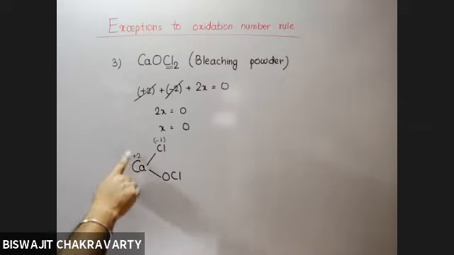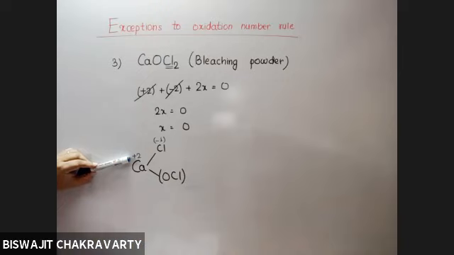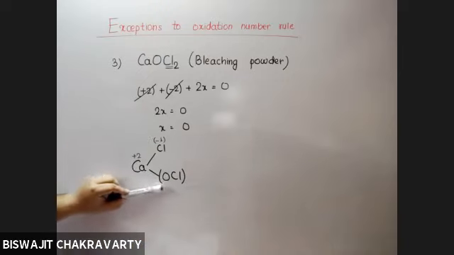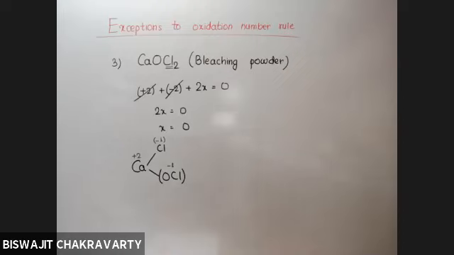Now, if this is plus 2 and this is minus 1, then this as a whole should be what? Can anyone tell me? So that overall charge is 0, it is minus 1. Is it understood? Yes, sir.